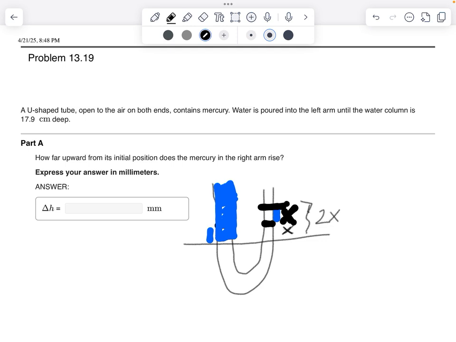Okay, I know that's a little bit difficult. Again, this was here, and it went down a value of x. And this side went up a value of x. So this distance here is 2x. All right, it gets a little tricky there.